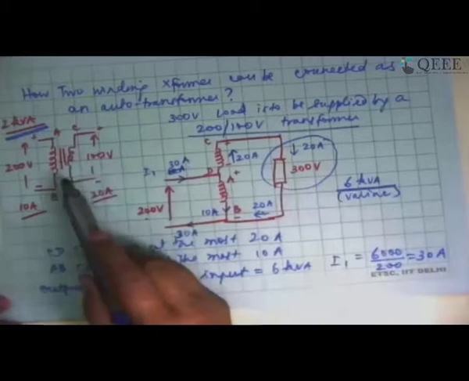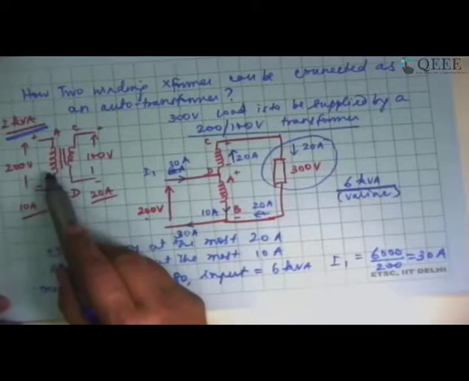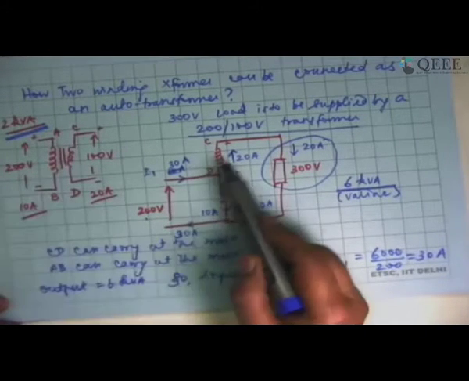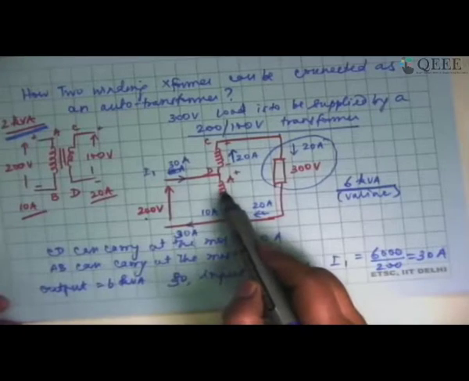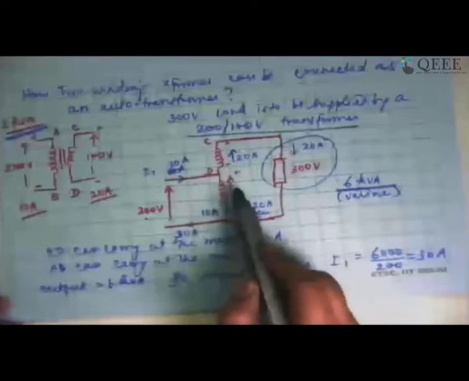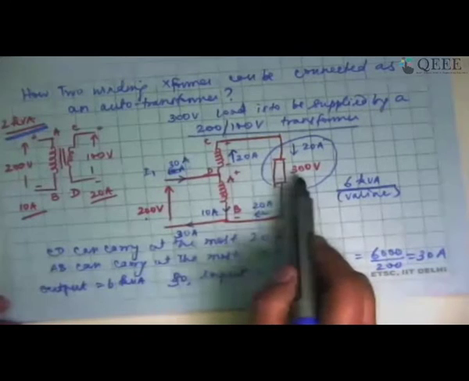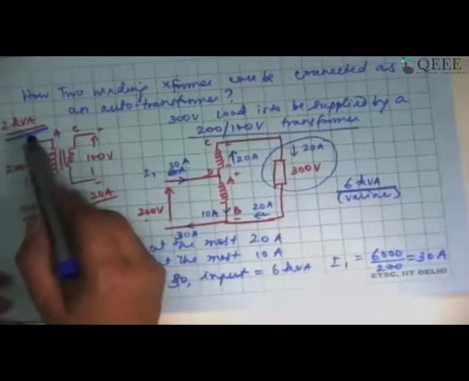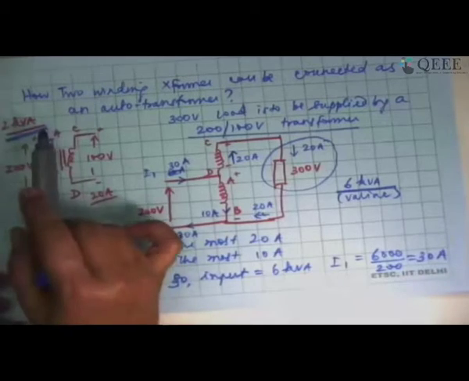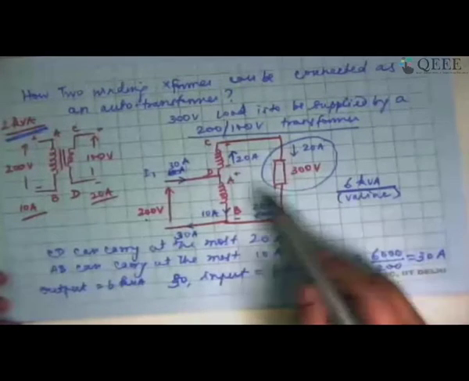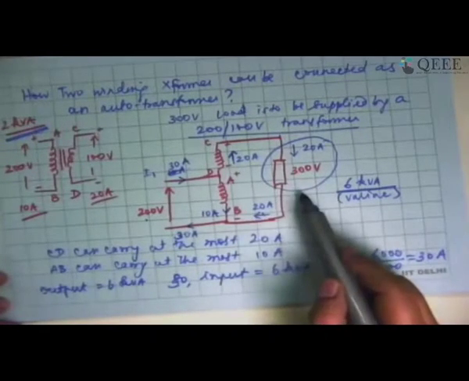And if I look at the losses, they will be same as the 2 kVA operation under isolated condition, because the same currents are being carried, the same amount of flux is being established. The core losses and copper losses are going to remain the same. At 2 kVA, if I am having X as the total losses, at 6 kVA also X is going to be the total losses. So the efficiency will be better.